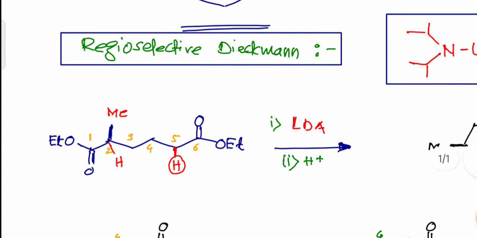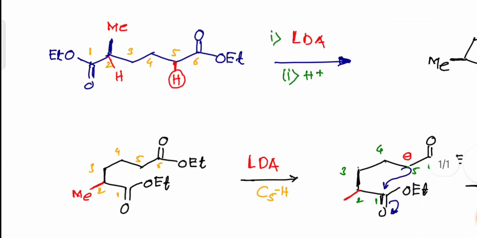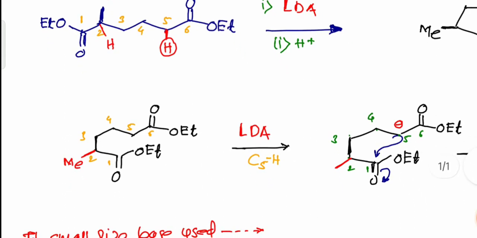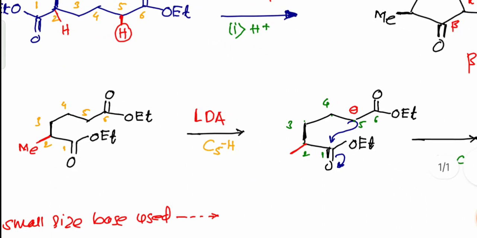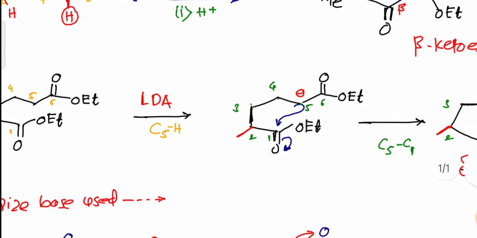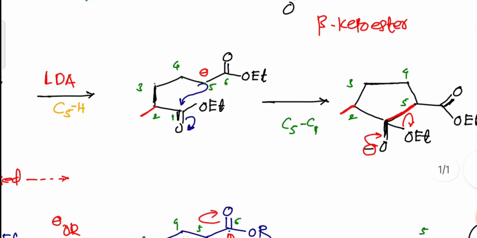Okay, so say for example we have LDA. You know that LDA will first abstract the proton from the 5 carbon, and that will attack first. So likewise C5-C1 bond formation will take place. At the second position there is a methyl group, which will remain in the same position, and then attack that carbonyl.